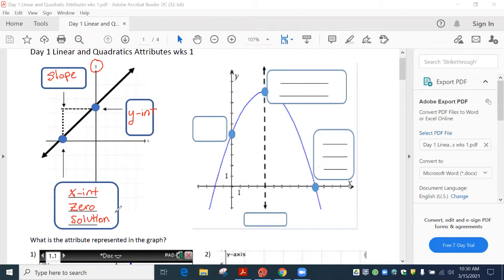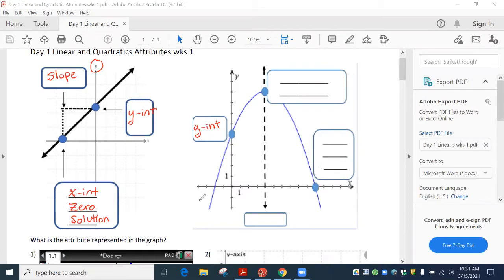All right, so now skipping ahead to this other side, a lot of you already got this filled out. I'm going to start with what I think are the easy ones: what do we call it when it touches the y-axis? It's the same thing as what we called it here. The y-intercept. So it doesn't matter what the picture is. Anytime it touches the y-axis, it's called the y-intercept.